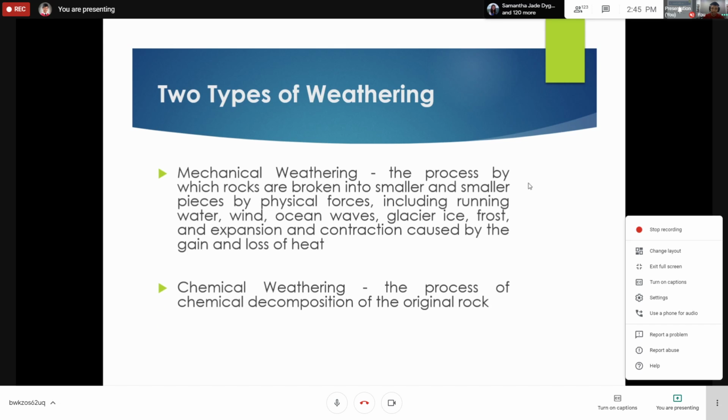On the other hand, chemical weathering is the process of chemical decomposition of the original rock. Meaning, from its original chemical composition, let's say there are elements occurring in that particular rock, since it is a reactive component, it can create another chemical composition. That is what we call chemical weathering.